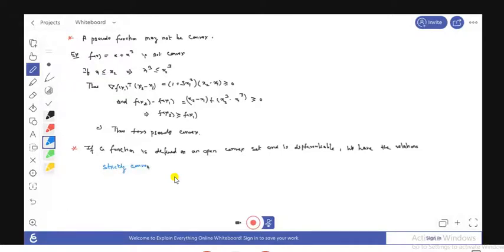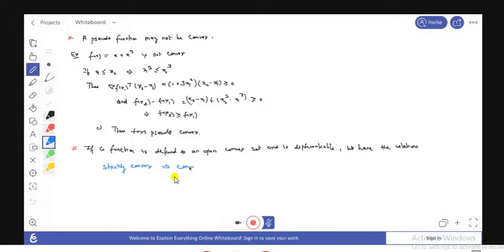Any function which is strictly convex implies that the function must be convex on the same domain. But if any function is convex, it will not necessarily be strictly convex. So the converse is not true.